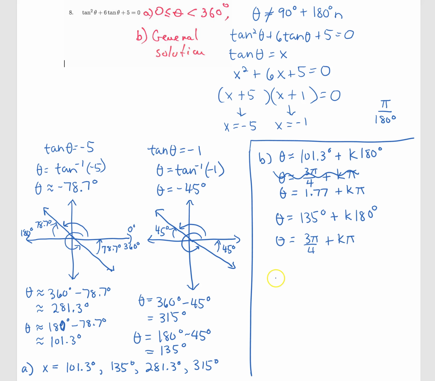And we have to specify that k is any integer. And so these statements are our general solution to this equation here. And these answers give us the answers for question 8.